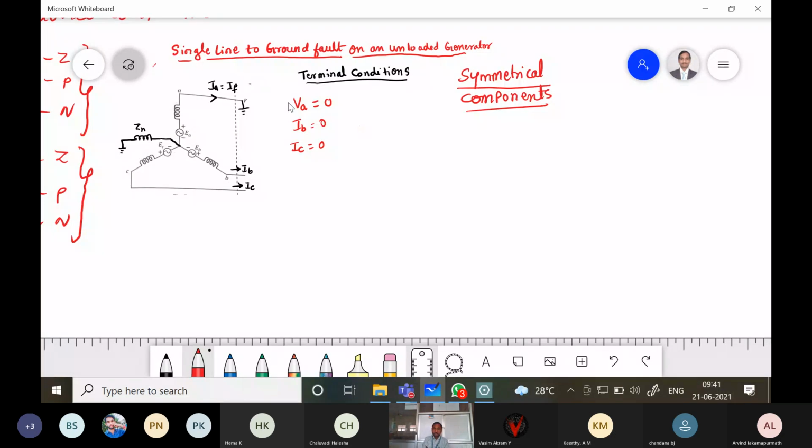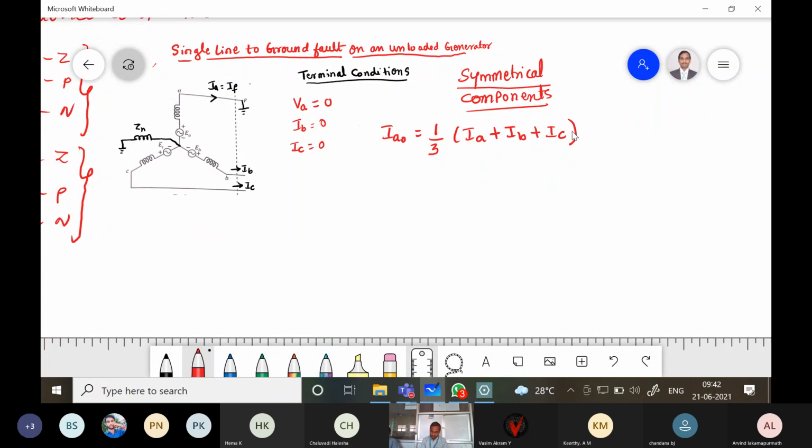That can be written as IA naught. How do you write IA naught? You know the inverse matrix, the A inverse matrix. From that we get the equation 1 by 3 times of IA plus IB plus IC.